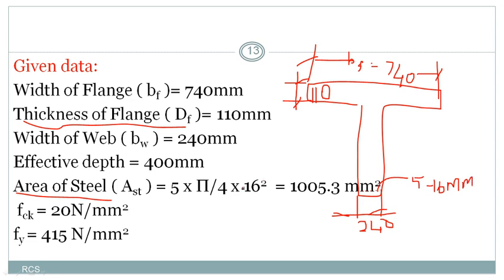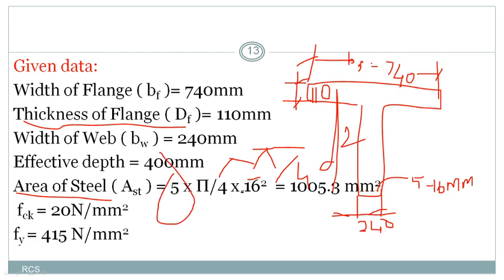For that, if you calculate the area, it is a circular cross section, and the area of a circle is pi by 4 into diameter squared. Substitute here: number of bars is 5, and the area is pi by 4 into 16 squared. Altogether we get the area of steel AST provided in the tension zone of the T-beam as 1005.3 mm square.